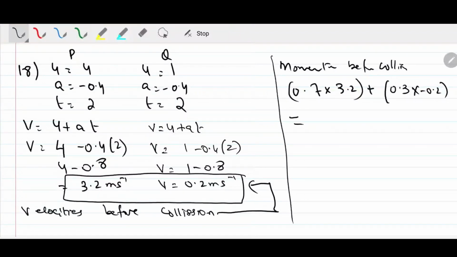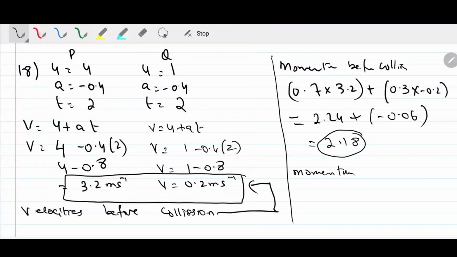Hence the momentum before collision is 0.7 into 3.2, 2.24, plus 0.3 into 0.2, minus 0.06, is 2.18. This is the momentum before collision.